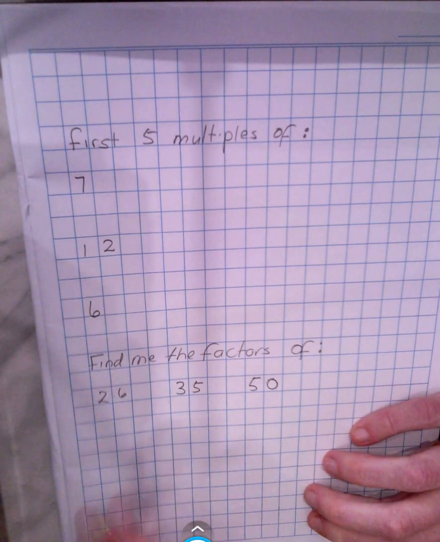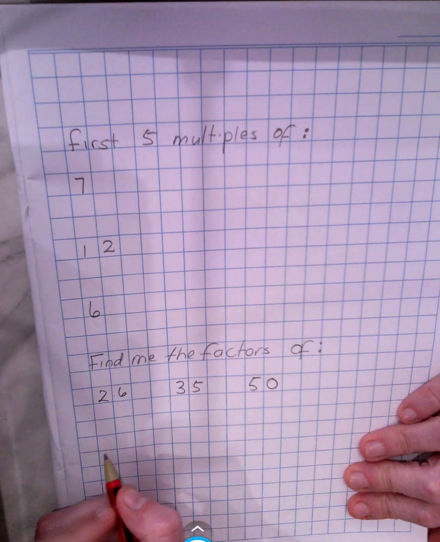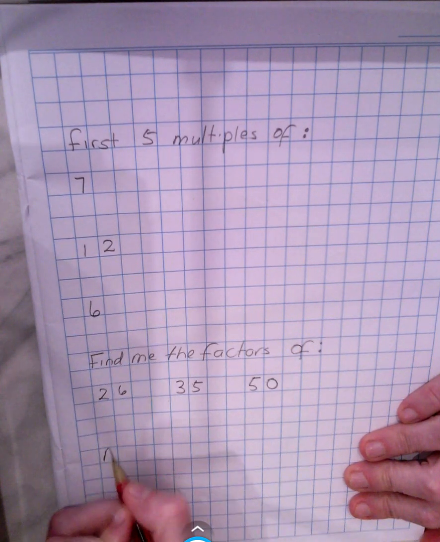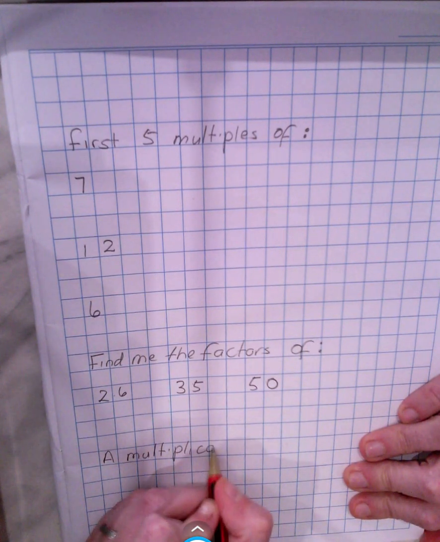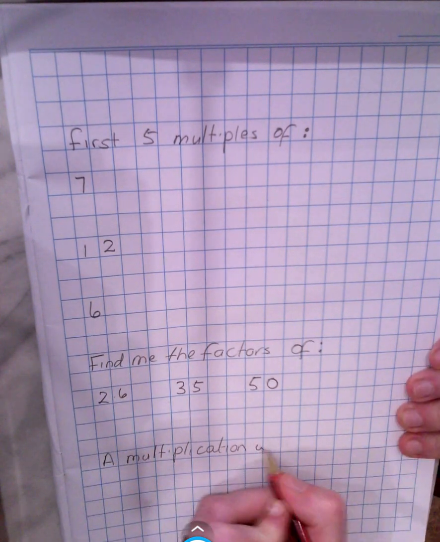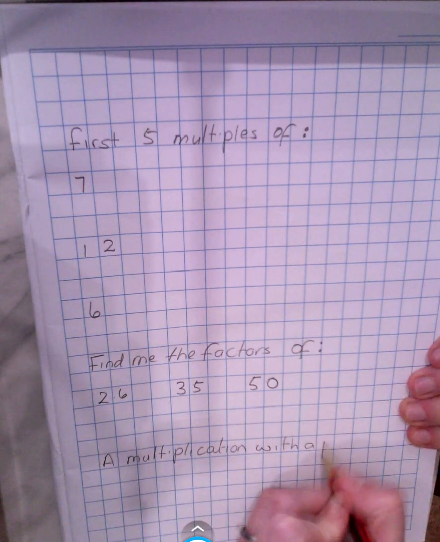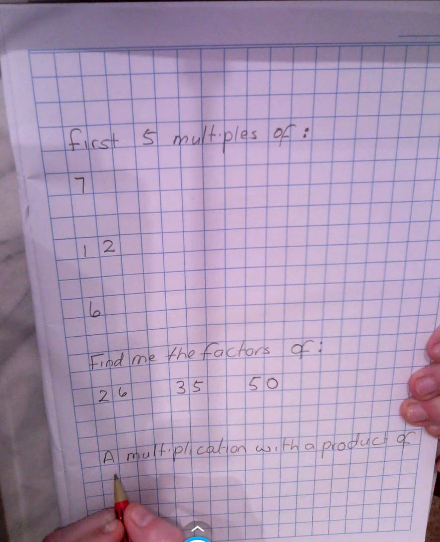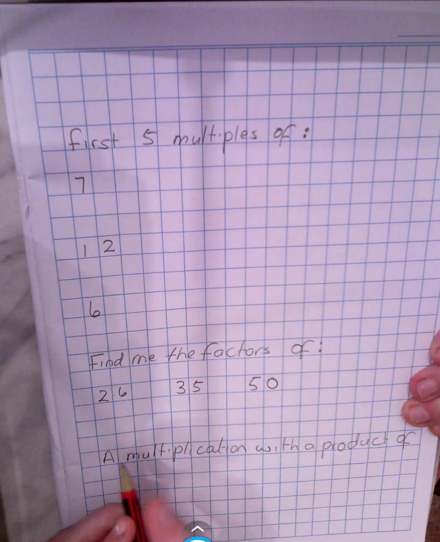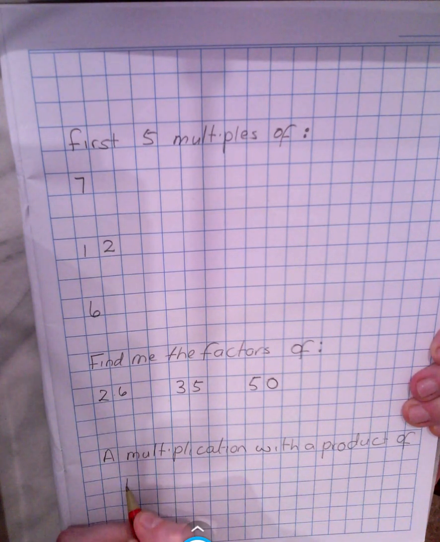And finally, I want you to show me a multiplication with a product of, okay, so I want you to write me one multiplication that has a product of 14.